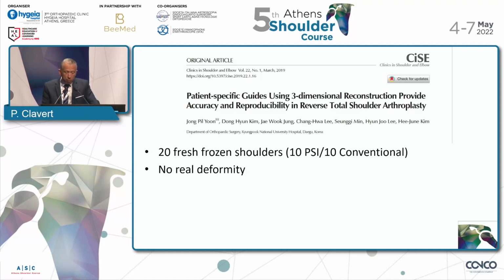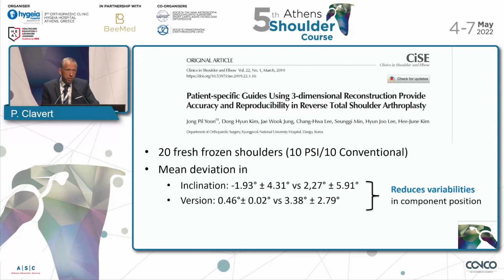One of the first studies evaluated PSI versus conventional instruments on 20 fresh frozen shoulders. The problem was that these cadaveric shoulders had no real deformity.